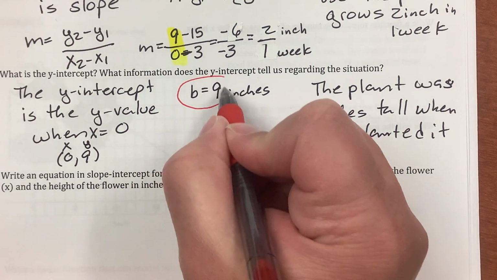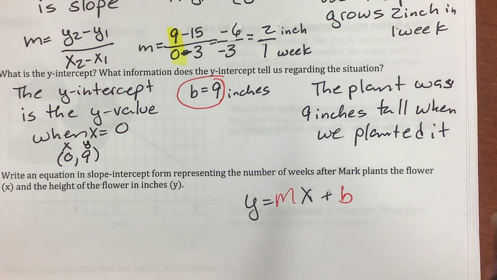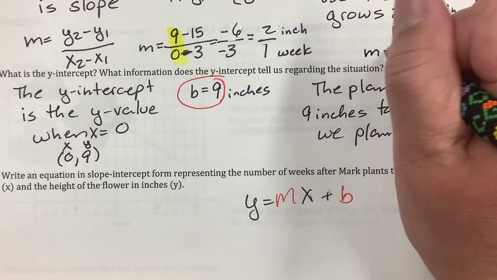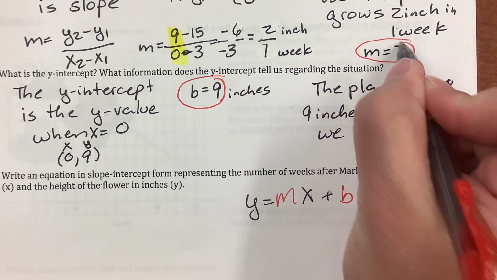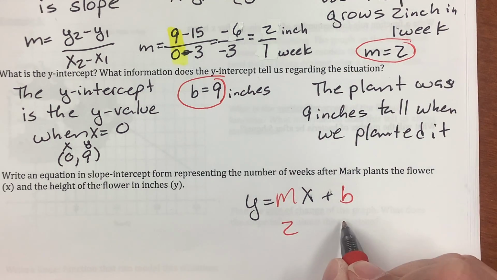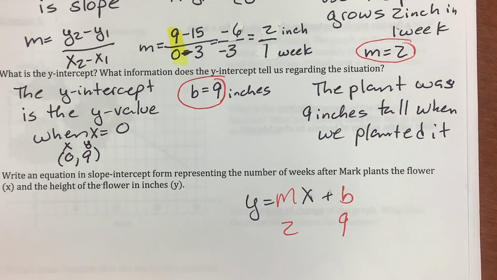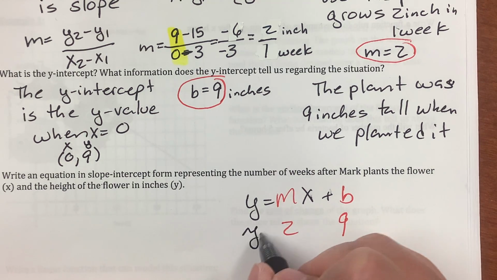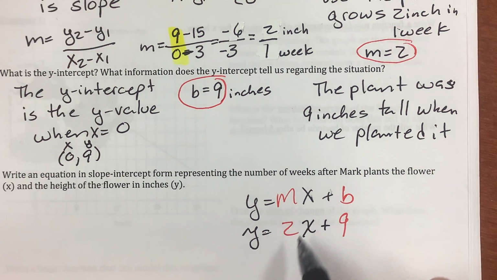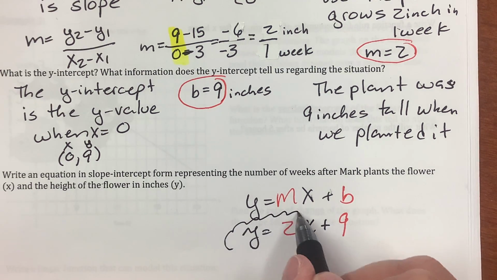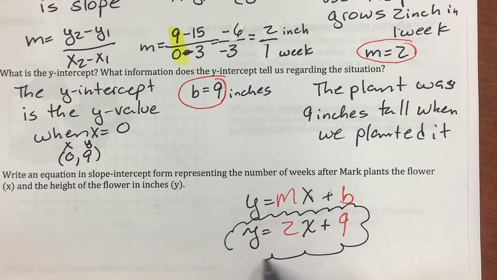I know b is 9, and I know m equals 2. So I am going to replace the m with 2 and the b with 9. So my equation will be y equals 2x plus 9. And a big puffy cloud of happiness around that, because that's the answer to the problem.